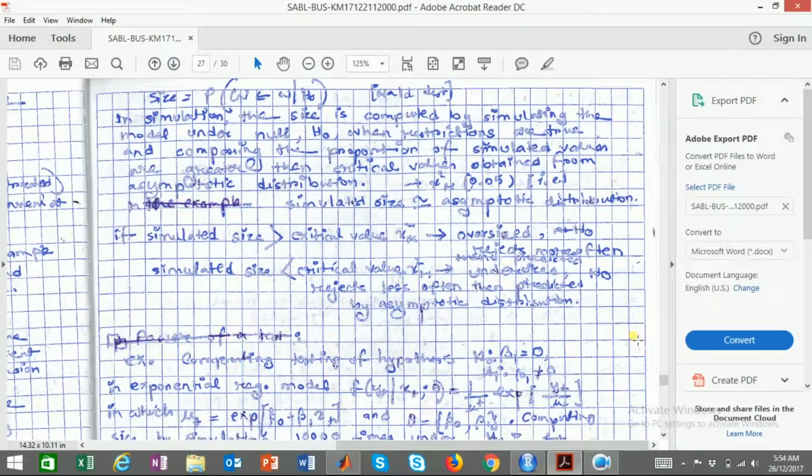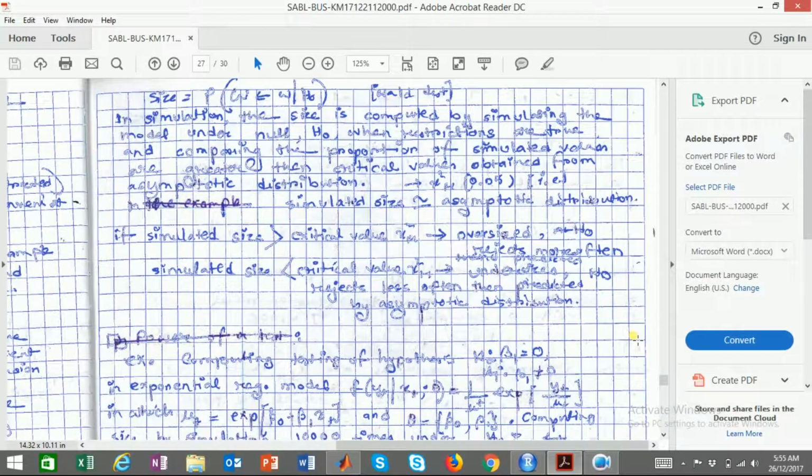In simulation, the size is computed by simulating the model under the null, when restrictions are true, and comparing the proportion of simulated values that are greater than the critical values obtained from the asymptotic distribution. For 0.05, if the simulated size is greater than the nominal size, this is oversized.